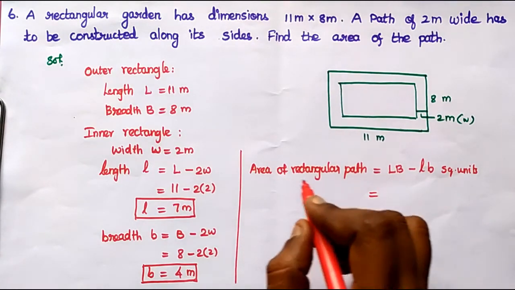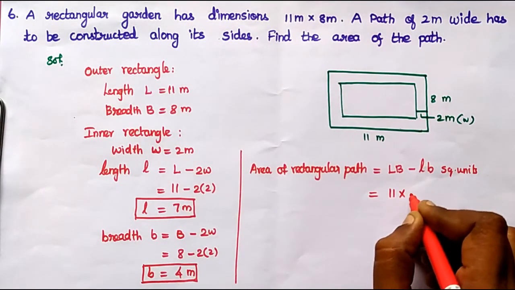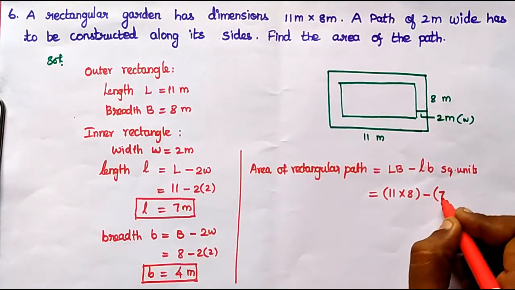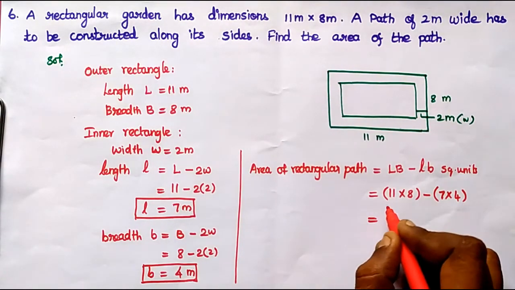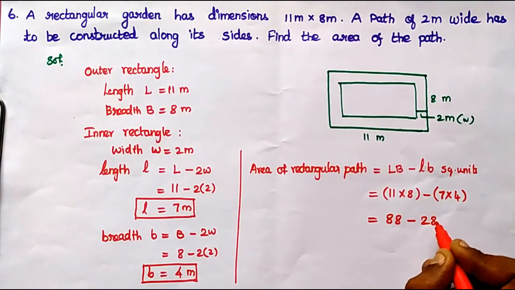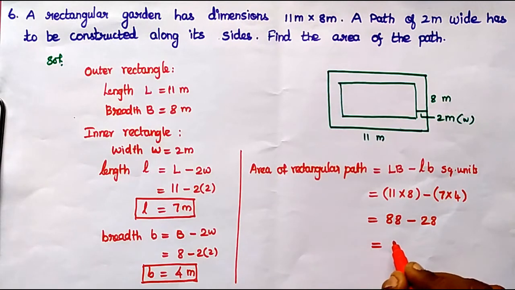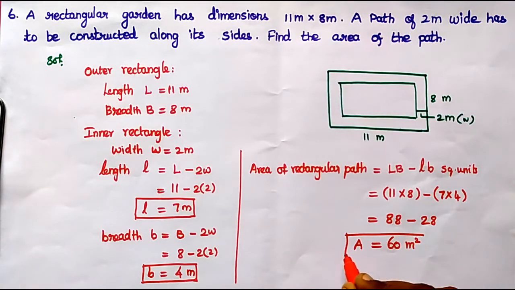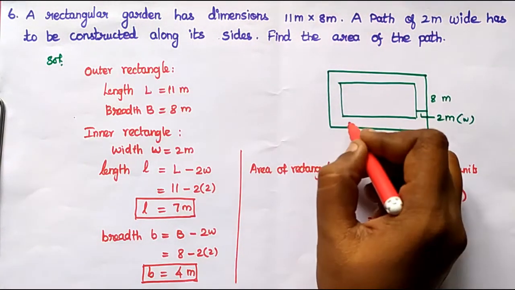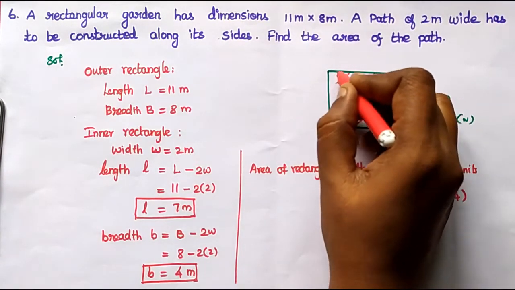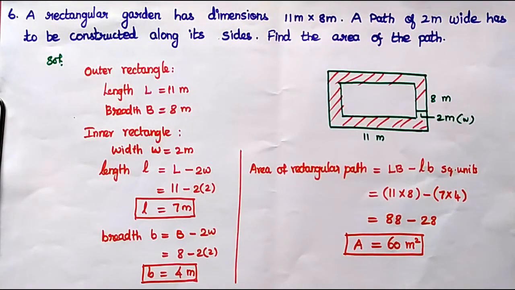What is capital L and capital B? 11 into 8 minus small l small b, 7 into 4. 11 8s are 88 minus 7 4s are 28. So 88 minus 28, 60 meter squared. That is the area of the path. So this is the area of the path. It is 60 meters square. That is the answer.